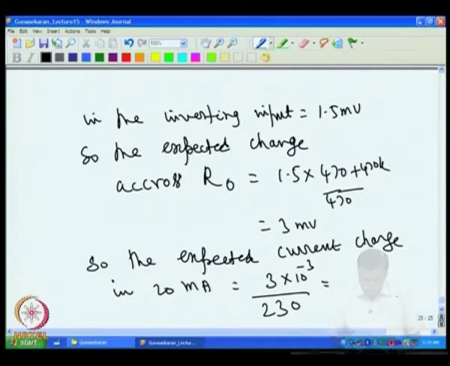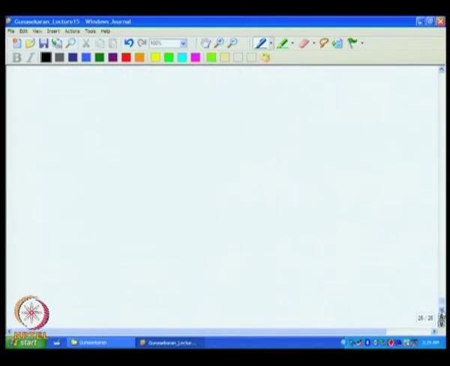If I convert into microamps, that will be 3000 divided by 230 microamps, roughly around 12 microampere current is expected to change due to the offset voltage drift of the current converter stage.